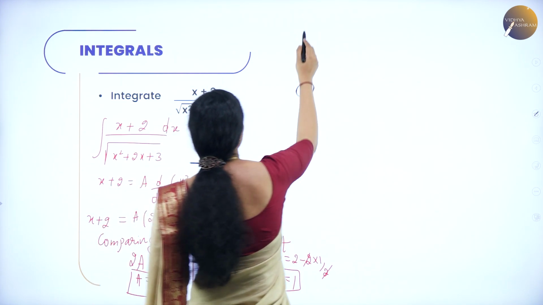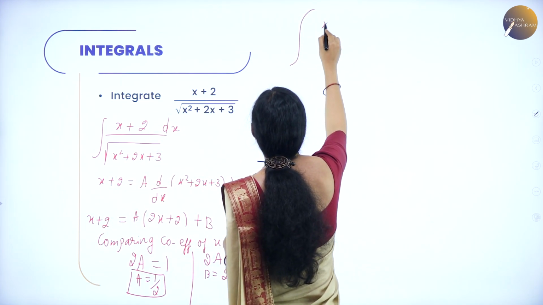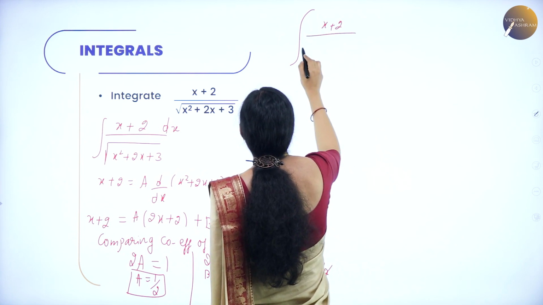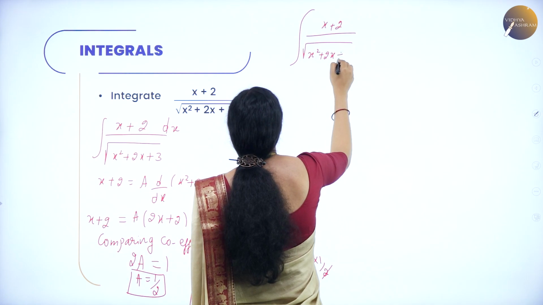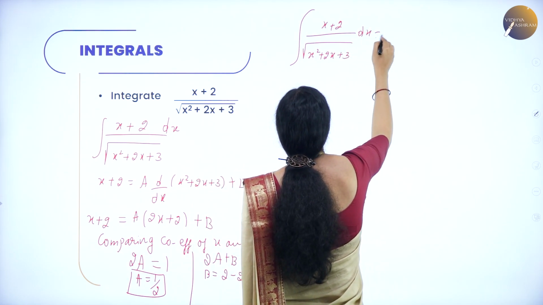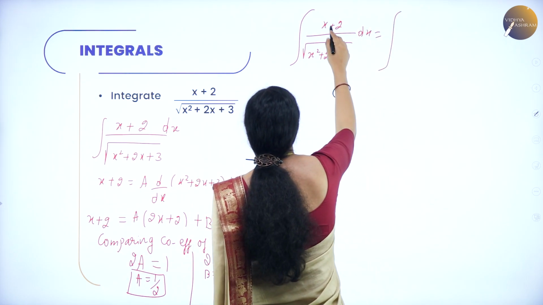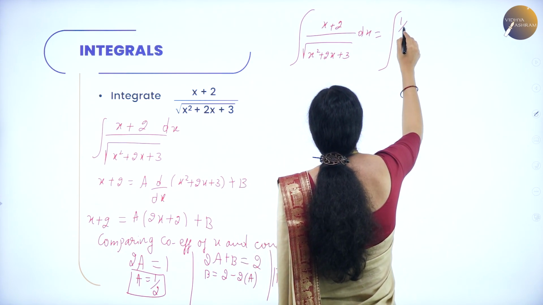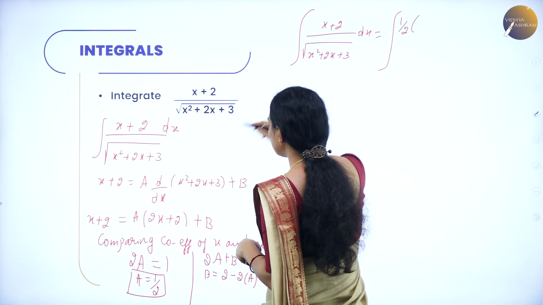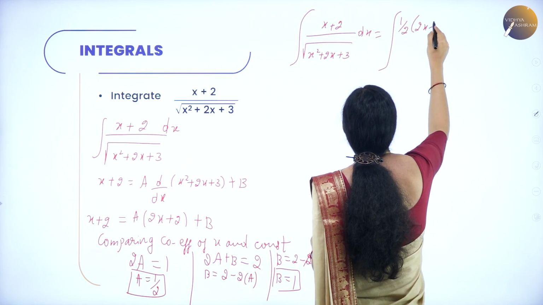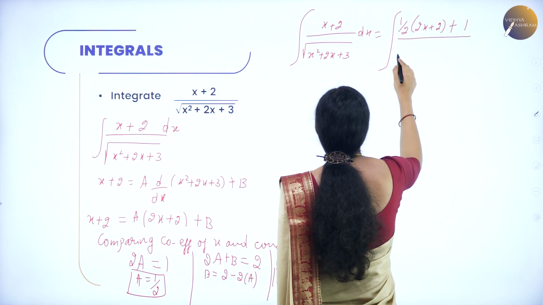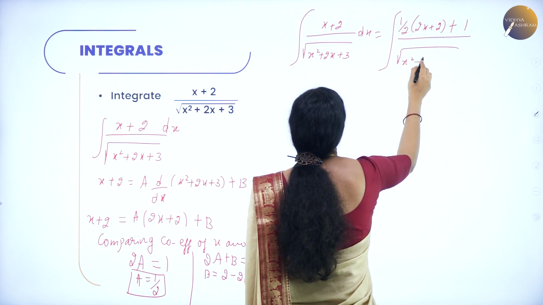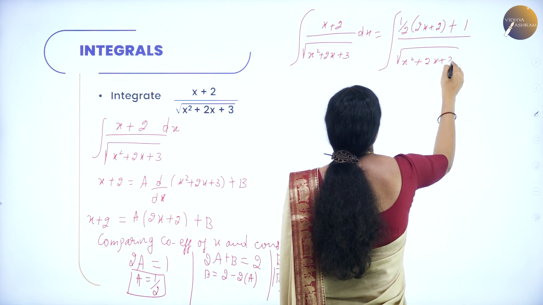Substituting that in the integration, integral of x plus 2 divided by under the root of x squared plus 2x plus 3 into dx will be equal to integral of this, I can substitute as a is 1 by 2 into d by dx of that, 2x plus 2, plus b is nothing but 1, divided by under the root of x squared plus 2x plus 3 into dx.